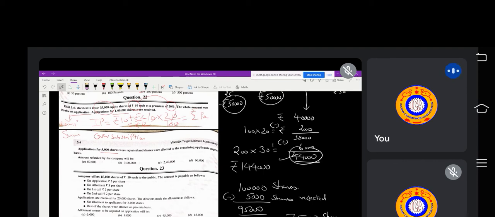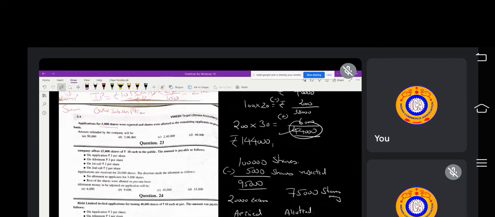So that means 12 rupees. 5,000 shares into 12, so how much will it give you? Exactly 60,000 is the amount. 60,000 or 6,000?